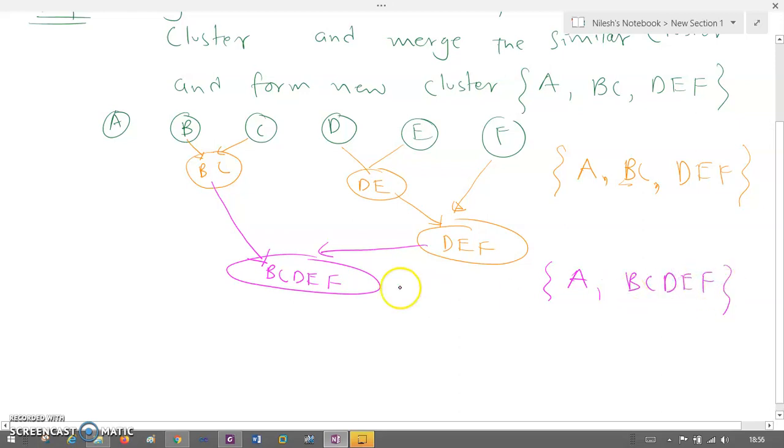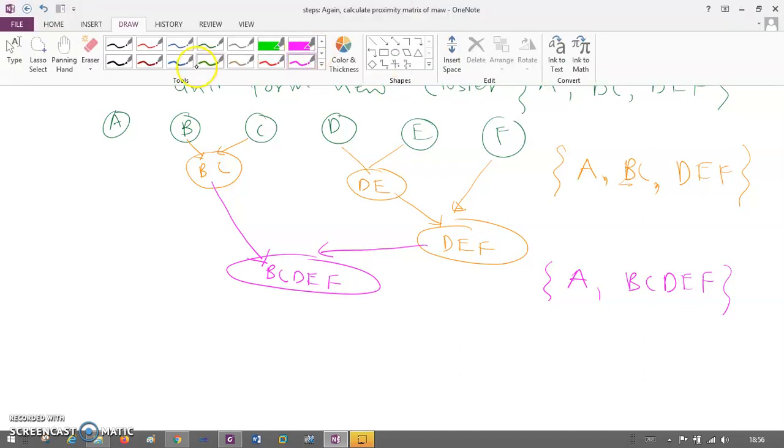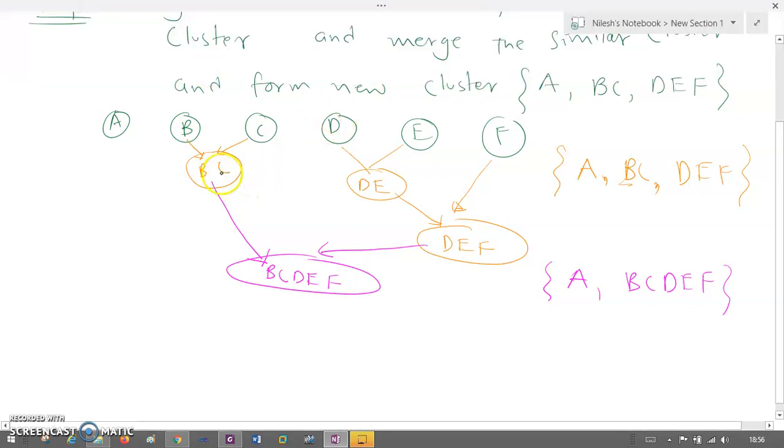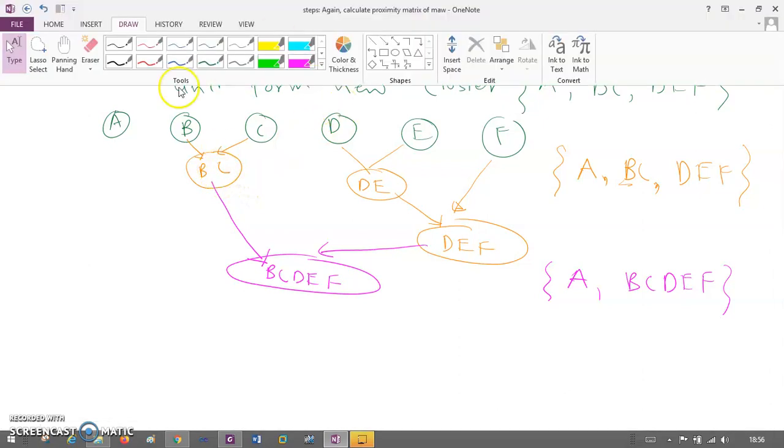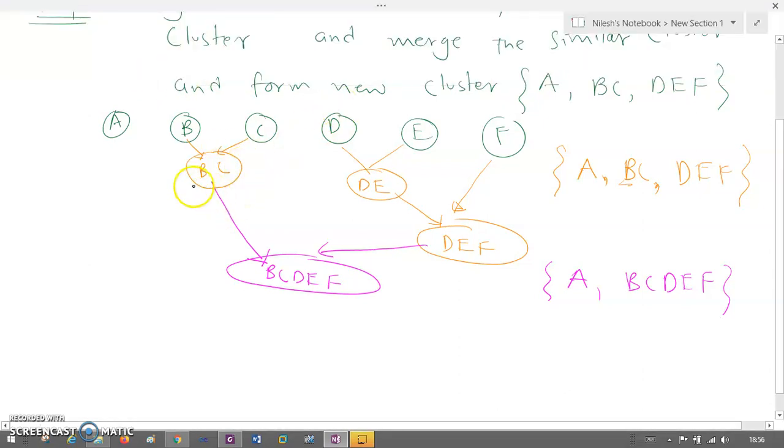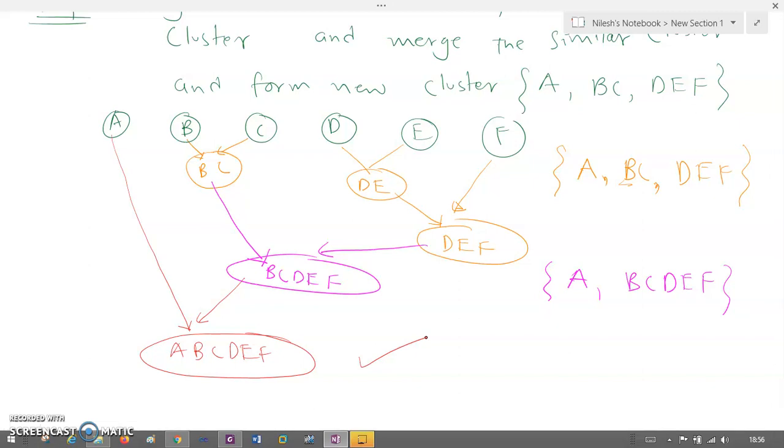Can you see, we are left with only 2 clusters, and now I need to merge these 2 clusters, the leftover A and BCDEF. So this is A, B, C, D, E, F. This is the last cluster till which the agglomerative technique is going to work. This is the single last cluster that the agglomerative technique has given you.